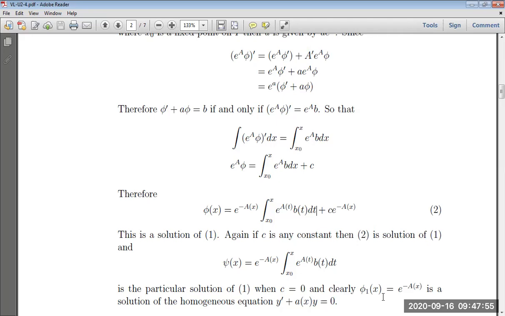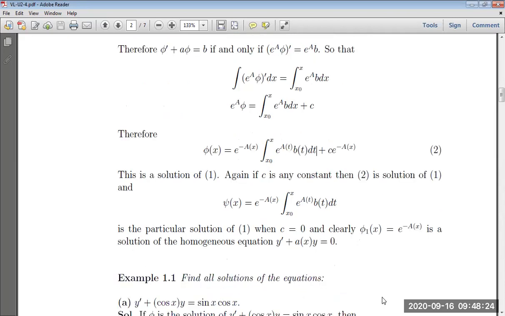So general solution is equal to particular solution plus complementary function. So this function phi, which is equal to psi plus c into phi 1, is a general solution, where psi is the particular solution and phi 1 is the complementary function of the given differential equation.